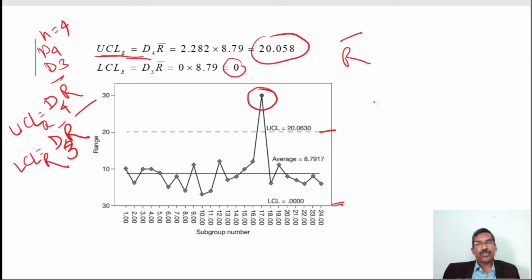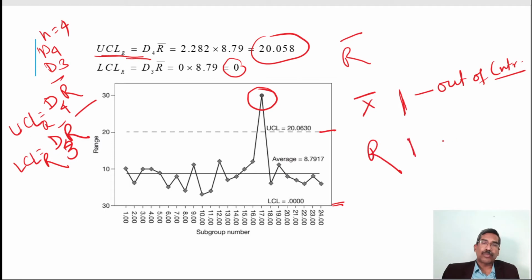For the revised control limits and revised center line, please remember this: we have to see how many subgroups are out of control in the X bar chart. Then you will have to see how many subgroups are out of control in the R chart.